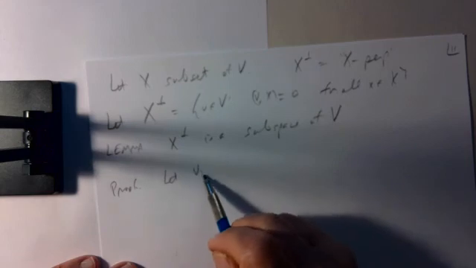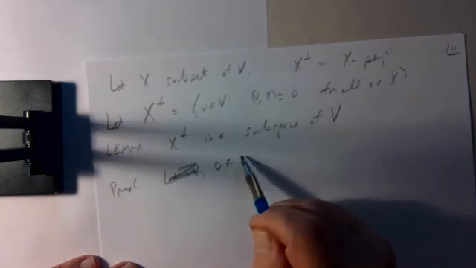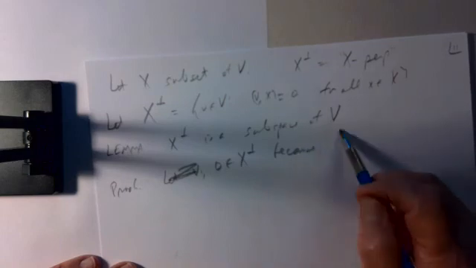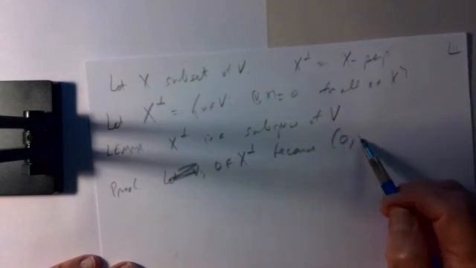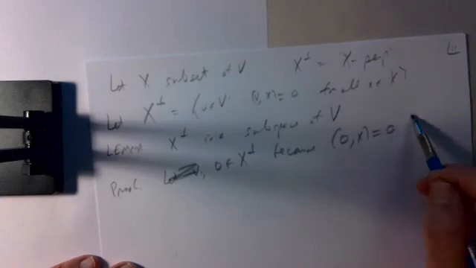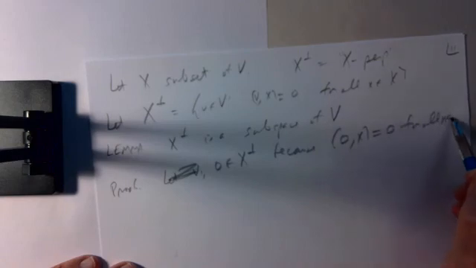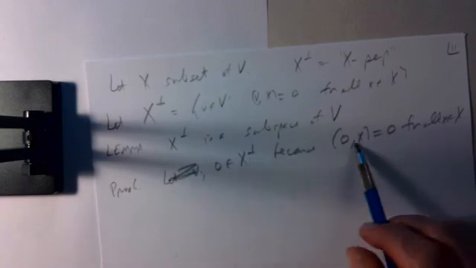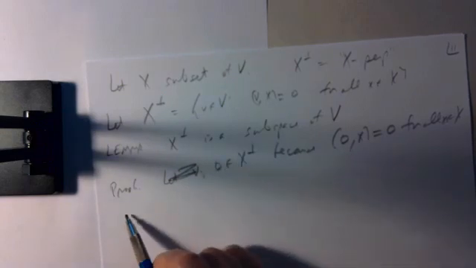First of all, 0 is in X perp because the inner product of the 0 vector with any vector is 0. So the first condition of a subspace is that it contains the 0 vector, and X perp does.